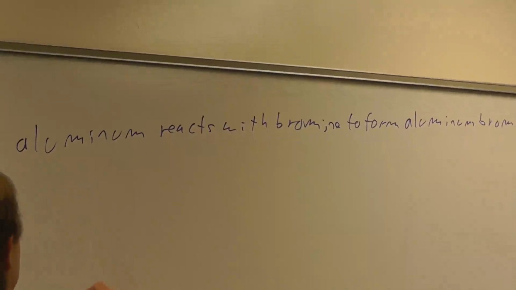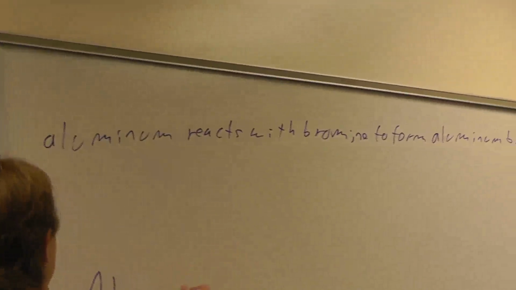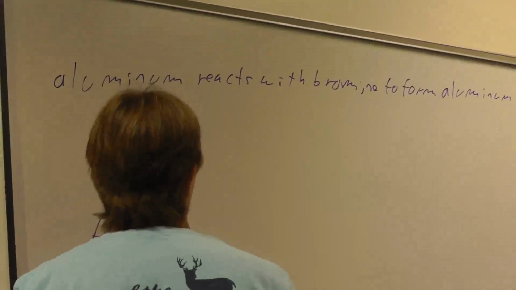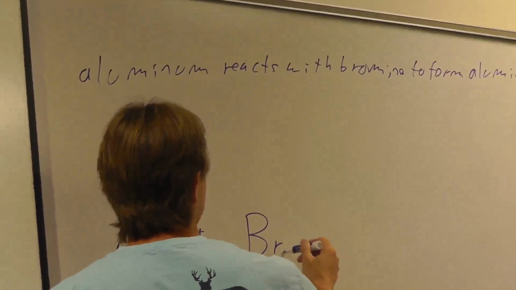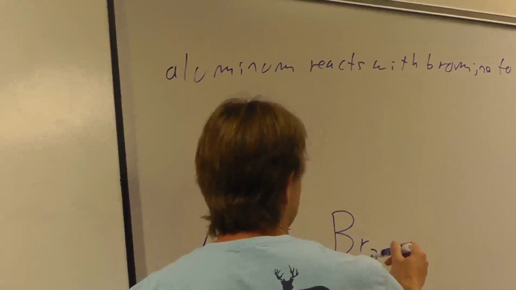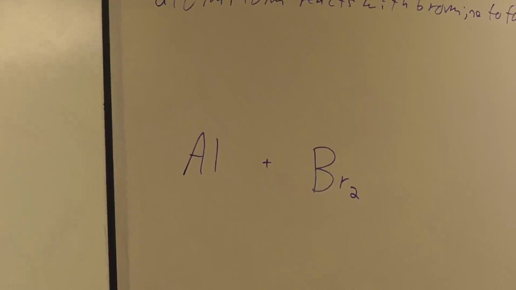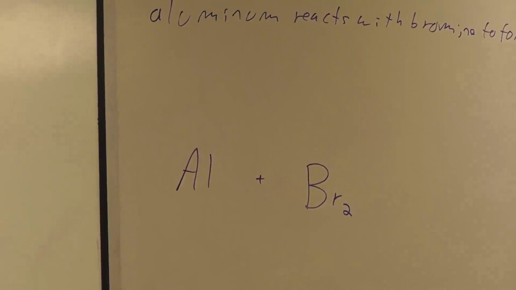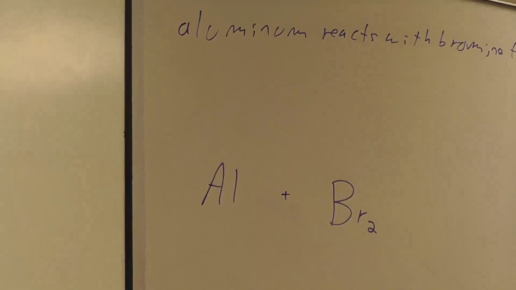What's aluminum? Symbolize. And what's bromine? Is it one of your diatomic elements? Yes, it is. So as the pure neutral element, it's not Br, it's Br2. That's just the natural way it occurs.